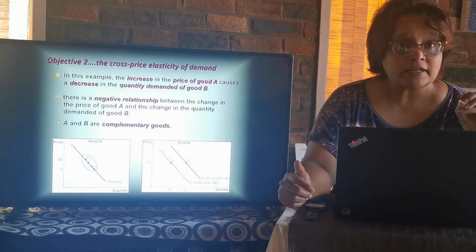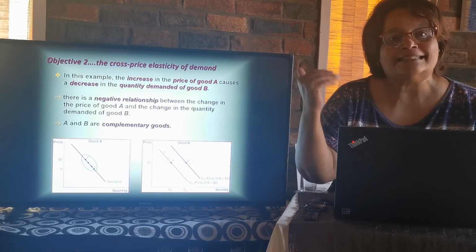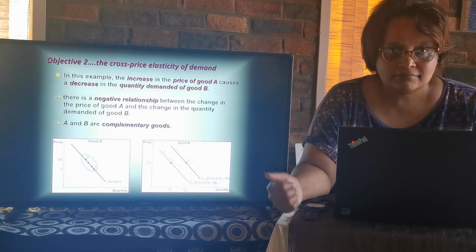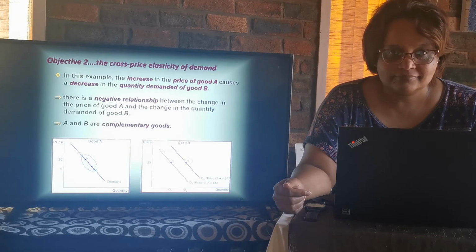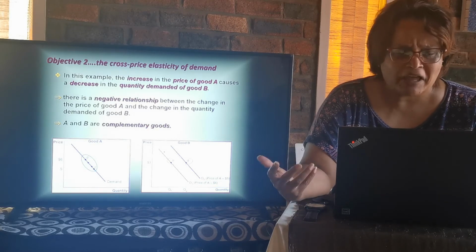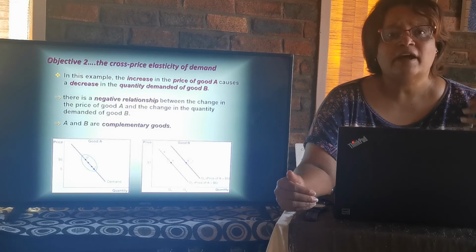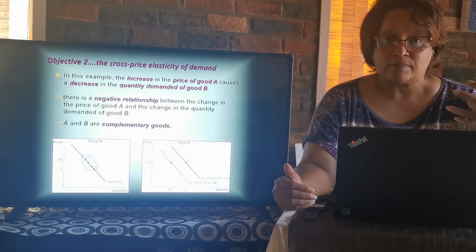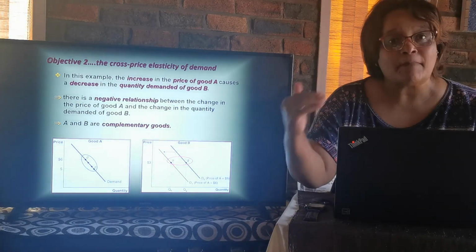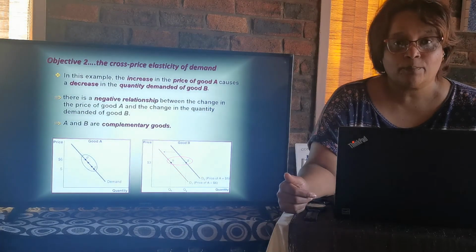An increase in the price of blades will lead to a decrease in quantity demanded of razors. Are we clear? Bagels and cream cheese go together. You don't have a bagel without cream cheese. So if the price of the bagel goes up, the quantity demanded for cream cheese will go down. And that's complementary goods.